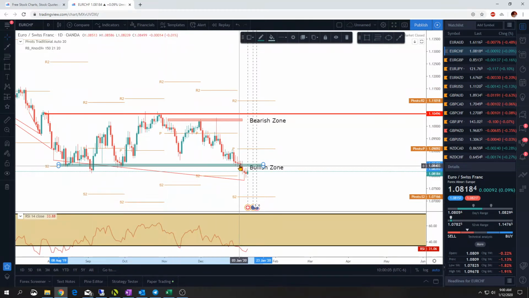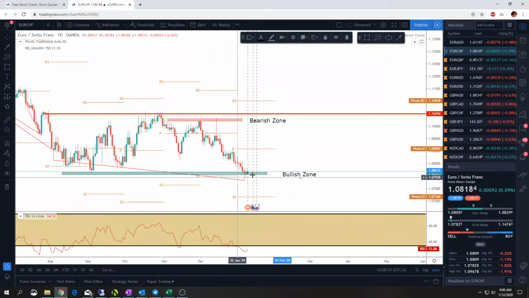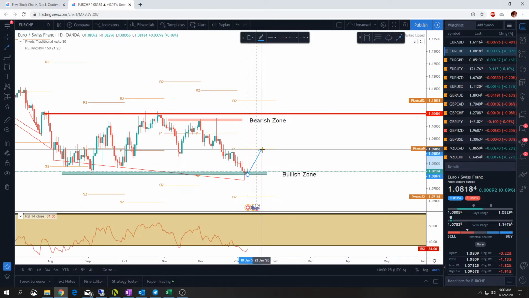Because we broke this level, got divergence, and we got this missed pivot right here. I'm bullish right now up to this pivot. Price is going to want to get back to last week's pivot. And I'm going to let it.